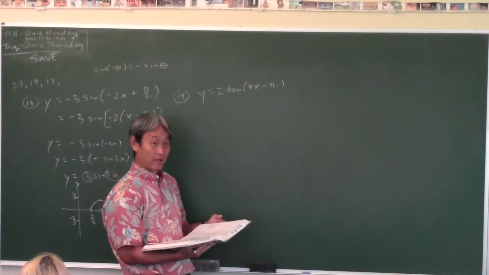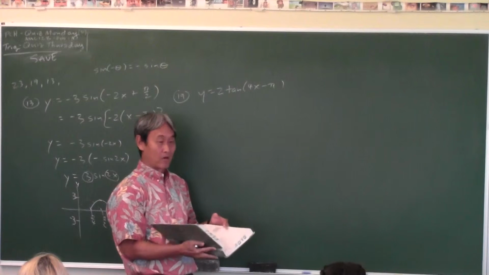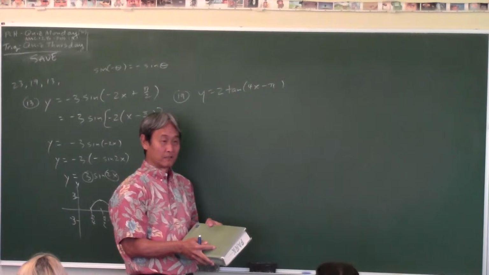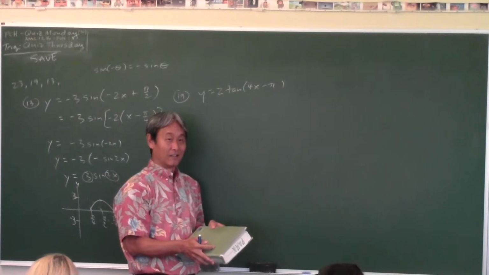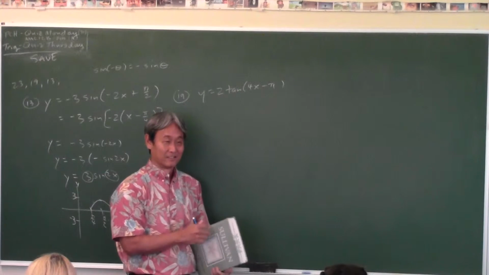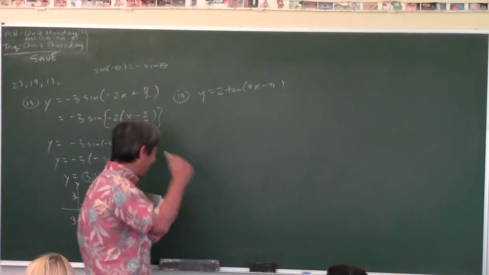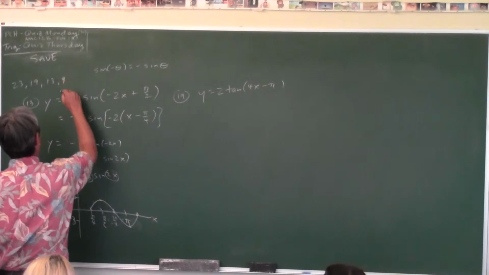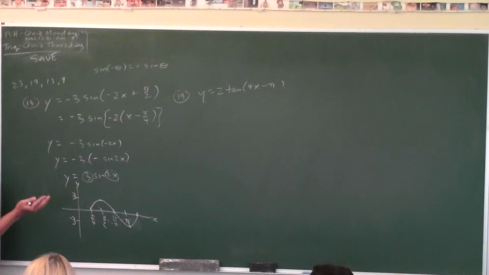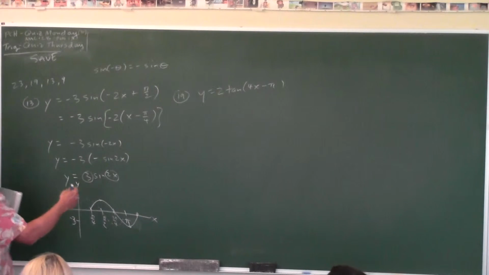Everybody did those okay? Okay, I'll walk around the room now and check it. Can you do number 9? You want me to do number 9? Okay, 9 or 11, doesn't matter, because they both came out ugly, so we'll do that after this one.